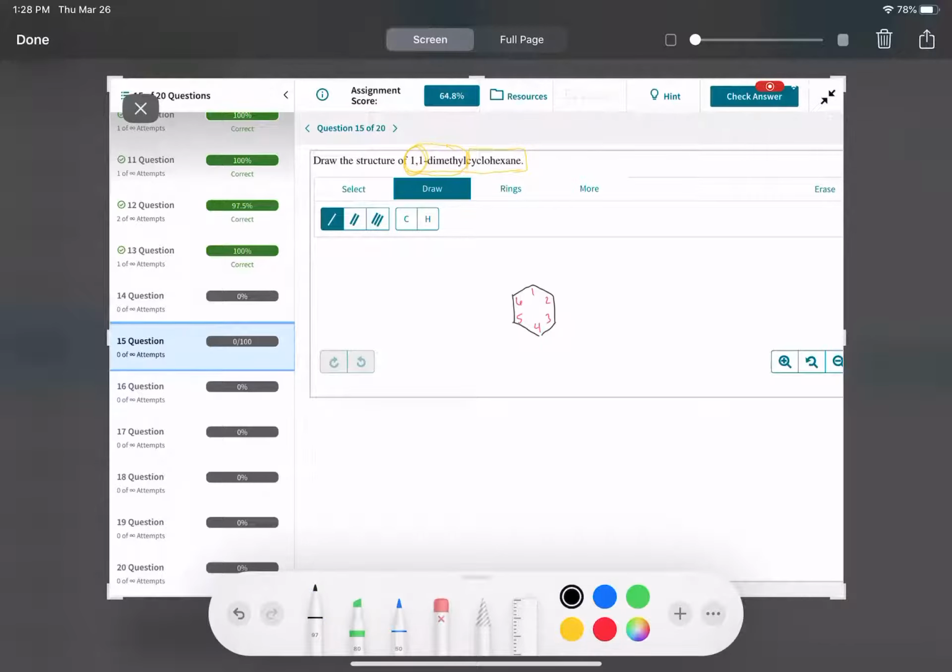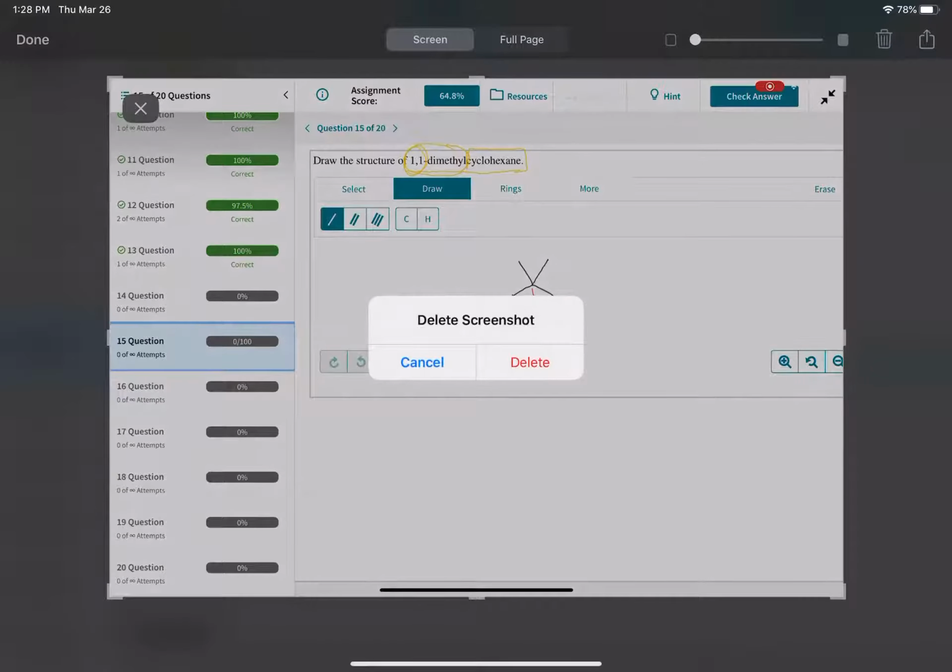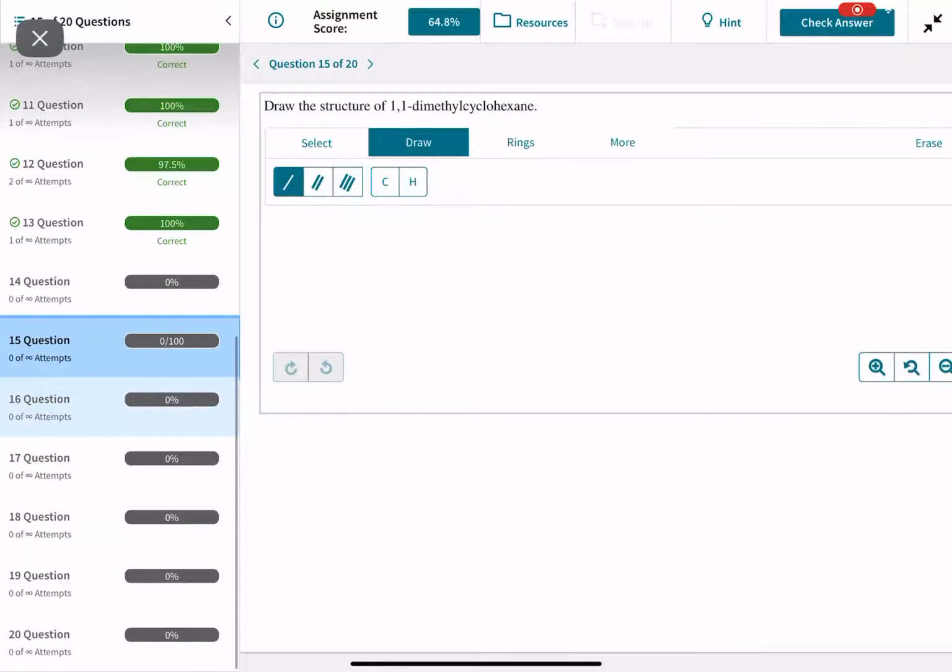If you look at your table 12.2, you'll see that methyl is the name of a 1-carbon substituent. So here I have drawn 2 1-carbon substituents onto carbon number 1. Let's see what's next.